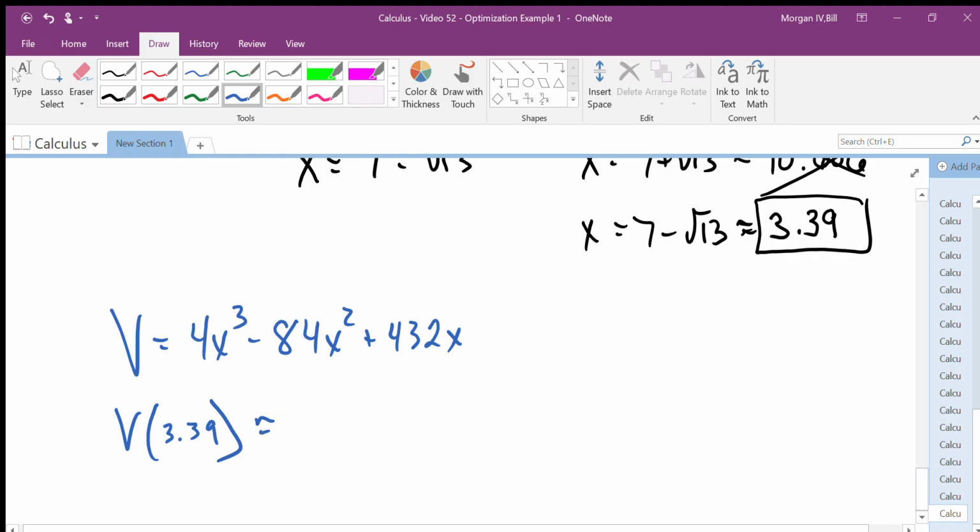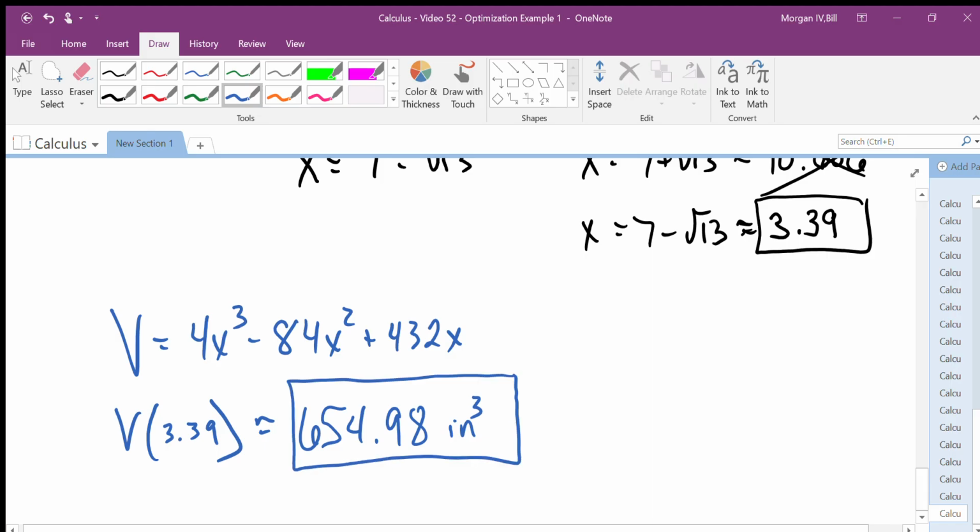So plugging that in, I'm getting 654.98 approximately cubic inches. Maximize the volume of the box.